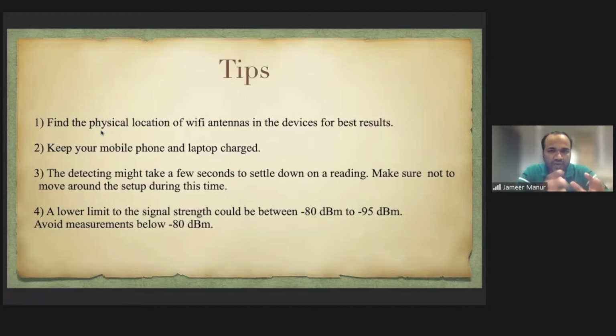But when it comes to a cell phone or a laptop, a smartphone, you need to search online on the internet, where these antennas are situated or located, physically in your cell phones or receiver, because we also need to measure from there, and we need to make sure of the distance where it is kept, and the distance between the receiver and the transmitter, those also matter. So in other experiments, similar things we need to keep.